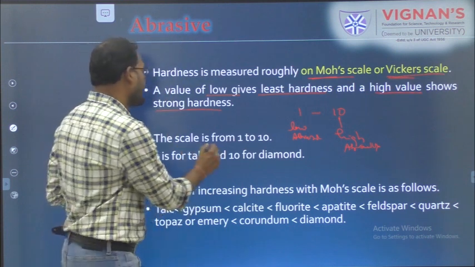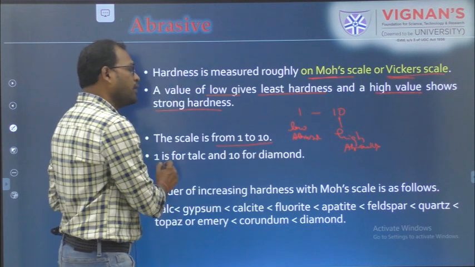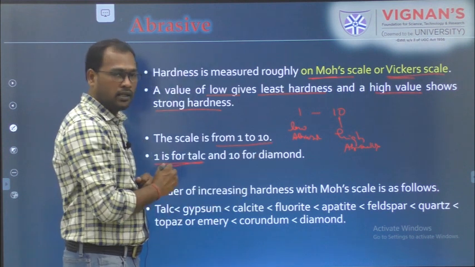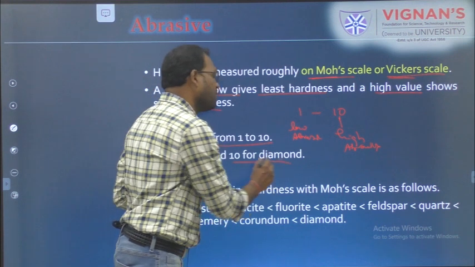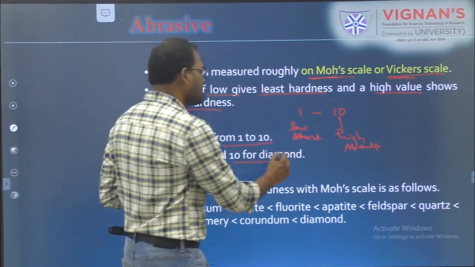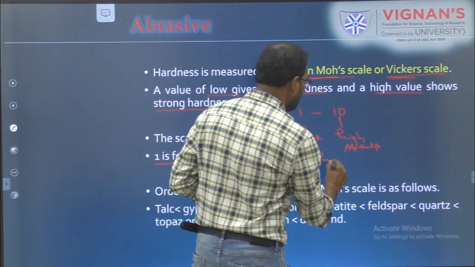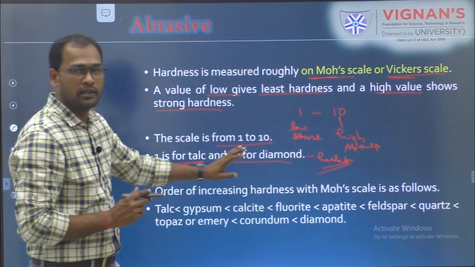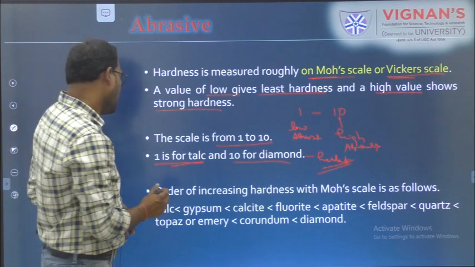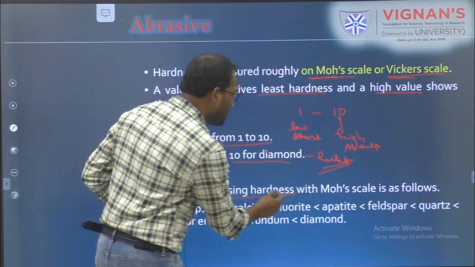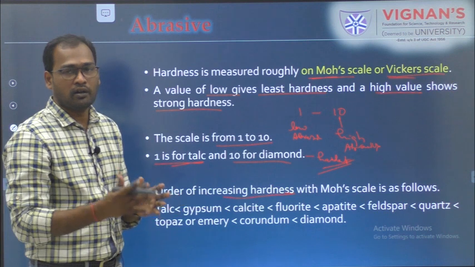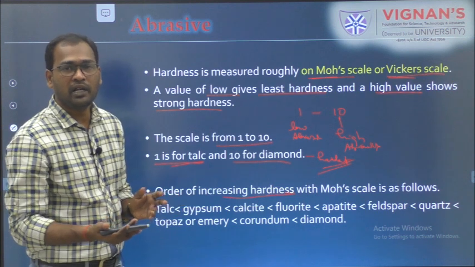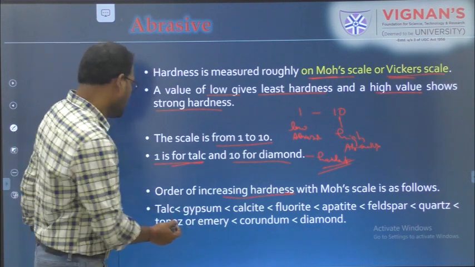Okay. And this scale is from 1 to 10, and 1 is for talc, and 10 is given for diamond, and diamond is the hardest substance. The order of increasing hardness for commercially or very widely used abrasive materials, I have given here.